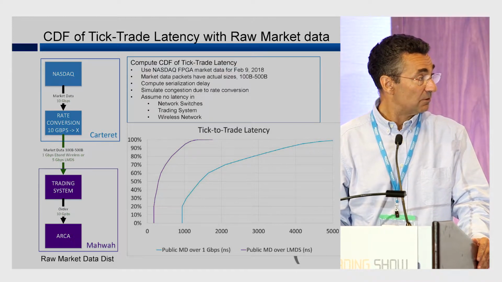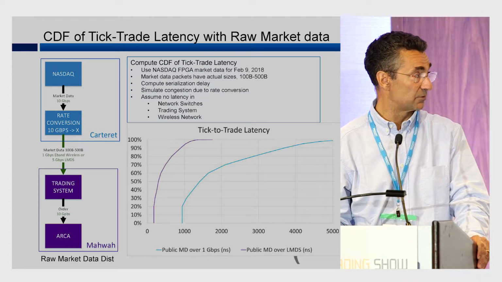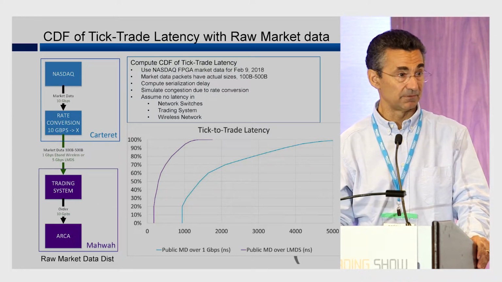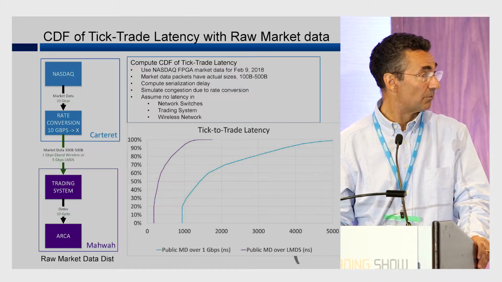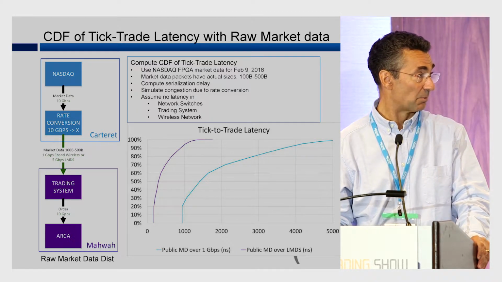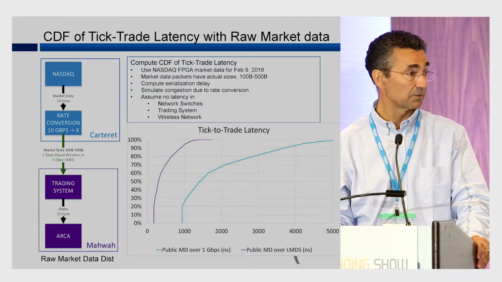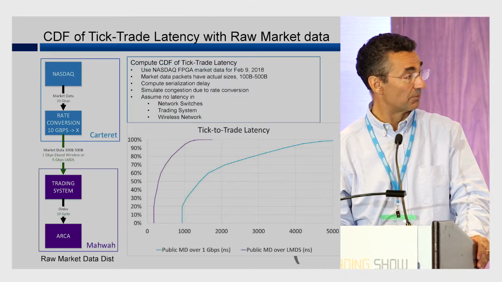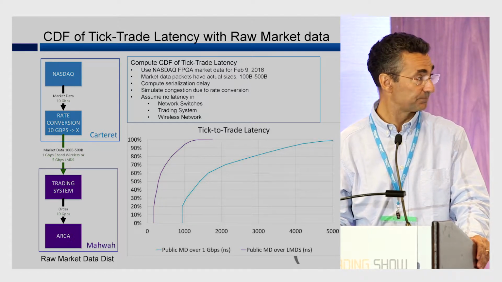The way to look at the graph is that it's just the serialization delay to get on the pipe. The red on the left is what we can do with a 7 gigabit per second network pipe, and on the right is what NASDAQ is doing with a 1 gigabit per second pipe.